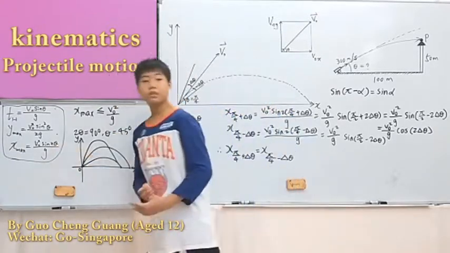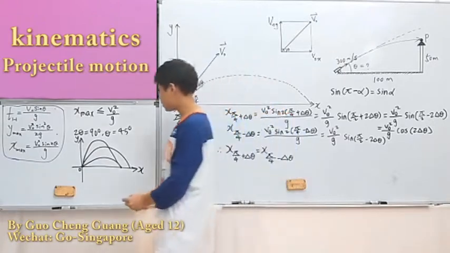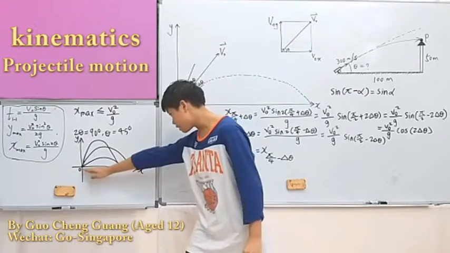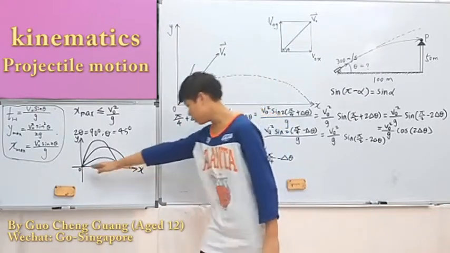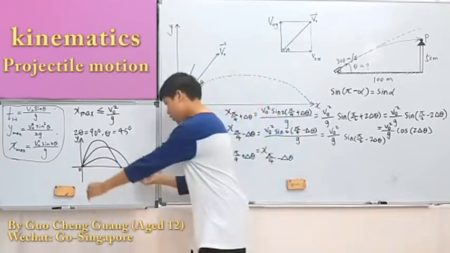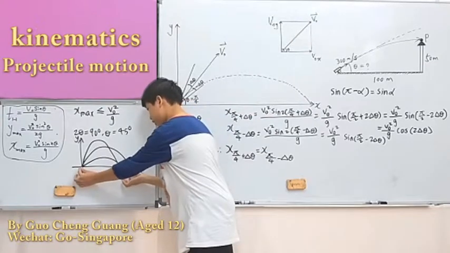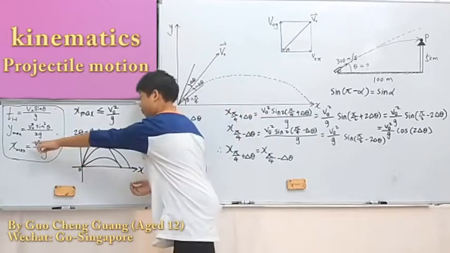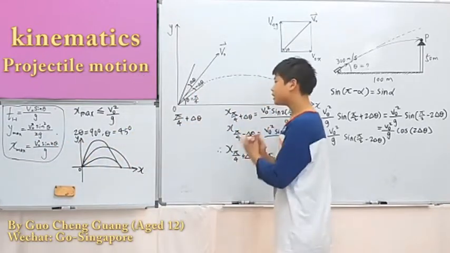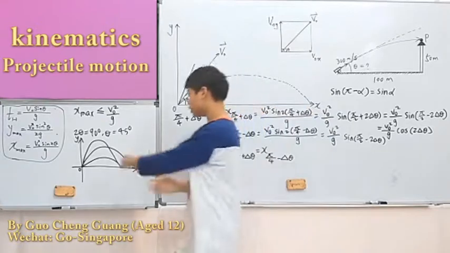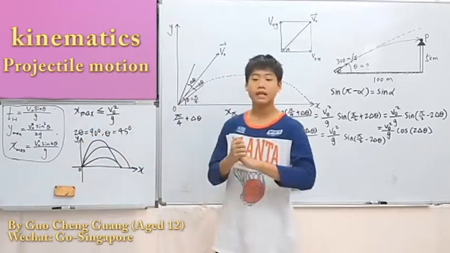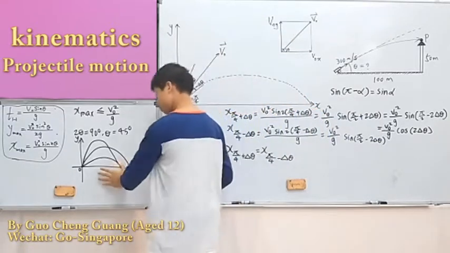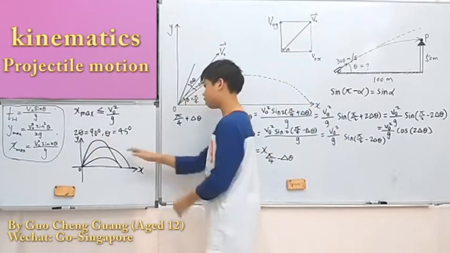The third is x maximum, the maximum length on the horizontal axis. Just take note again that for all of these, we are ignoring the air resistance. You have to be aware of that.